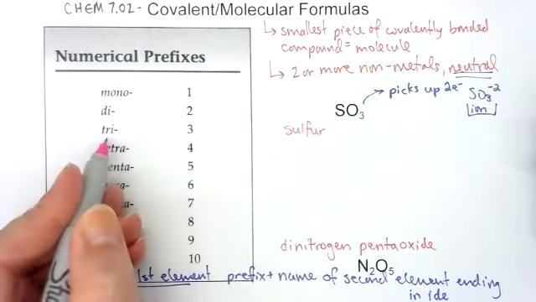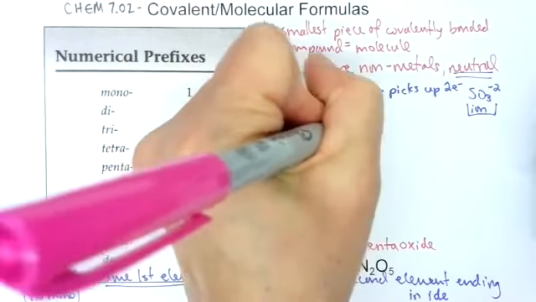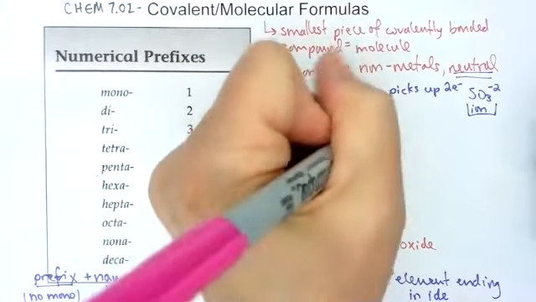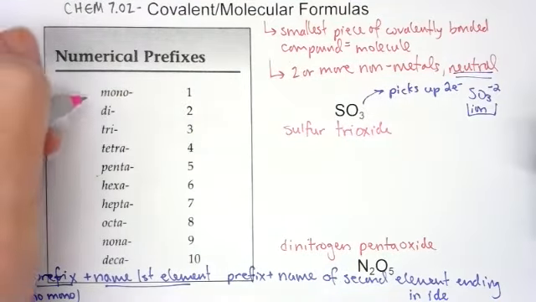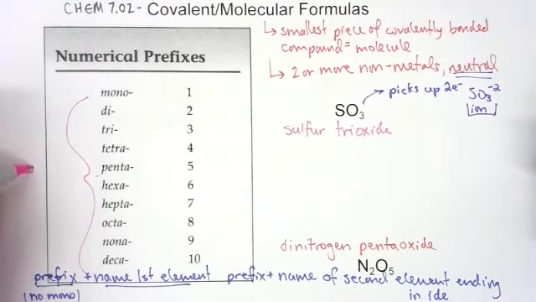Now I have a 3 here, and the prefix for 3 is tri, and this is oxygen, so I go oxide. And you're going to have to memorize these. Mono is 1, di is 2, tri is 3, tetra is 4, penta is 5, hexa is 6, hepta is 7, octa 8, nona 9, and deca 10.